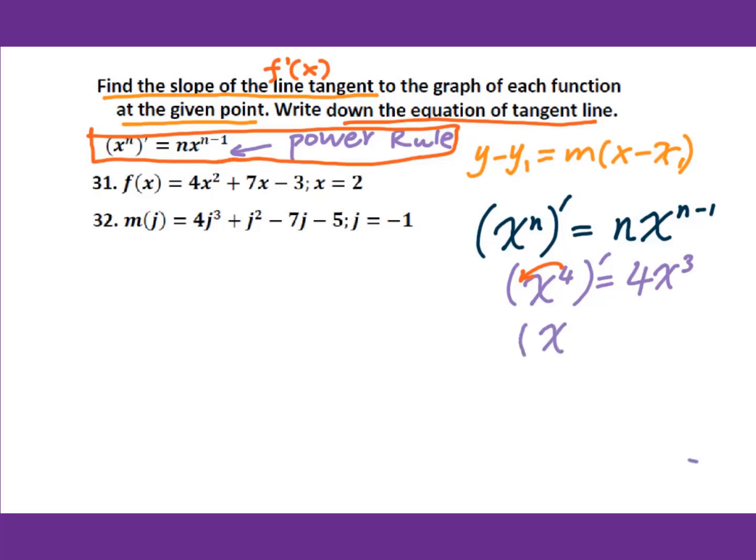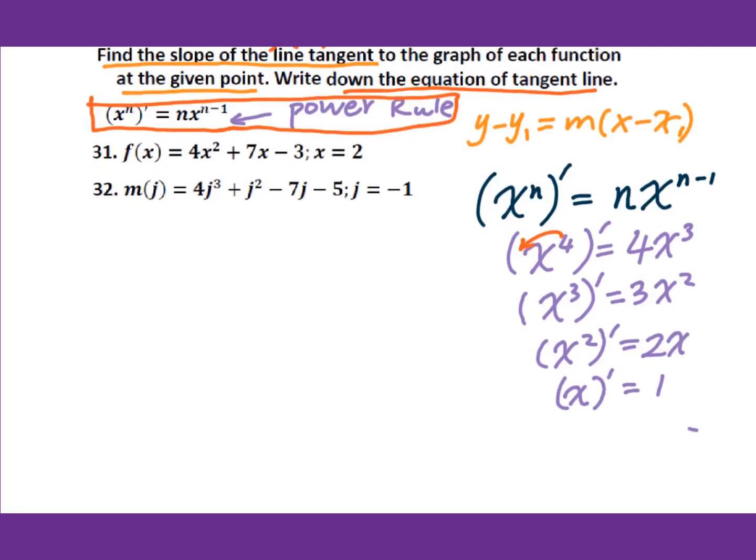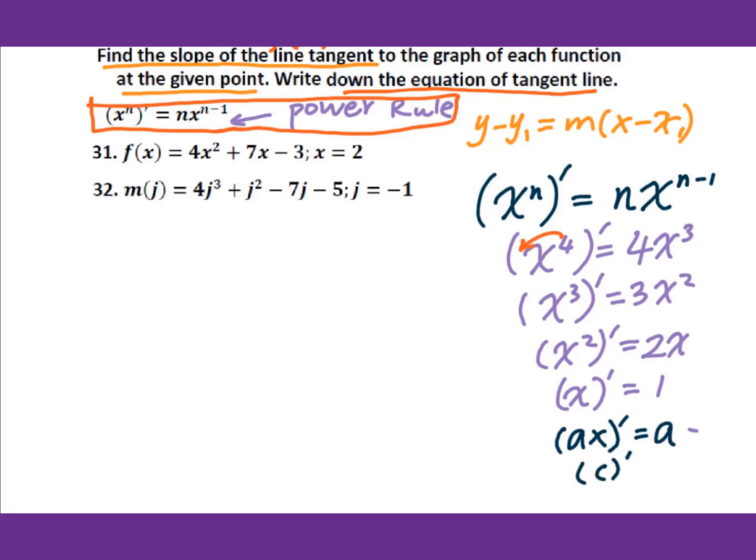When we have x to the 3rd power, its derivative: drop down 3, we get 3x squared. If we have x squared, its derivative is 2x to the 1st power. The derivative of x is 1. So if we have a linear function ax, then you will get a. For a constant number, the derivative of a constant equals 0.